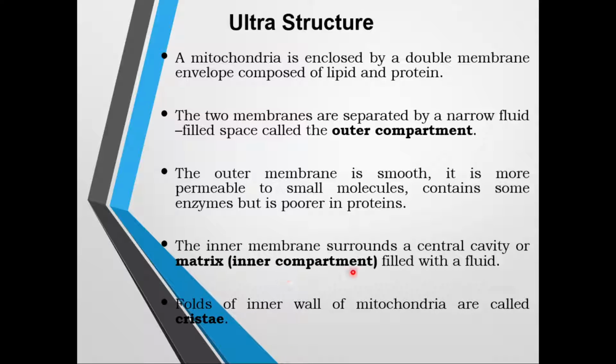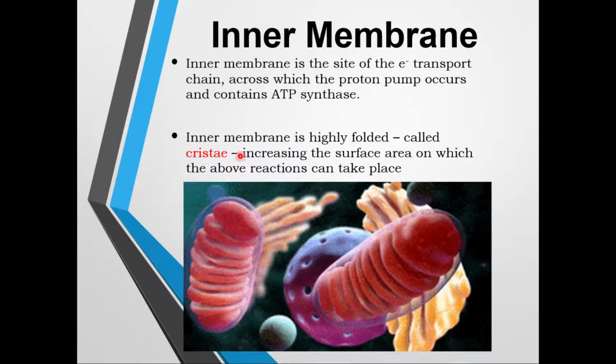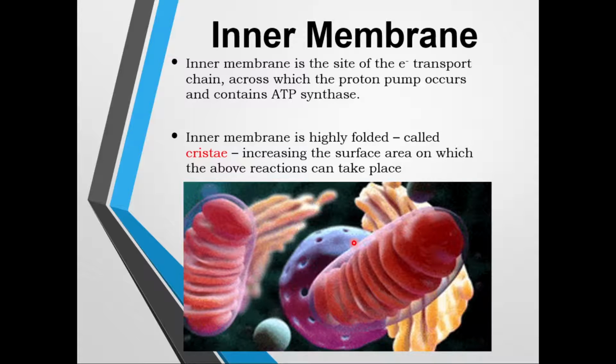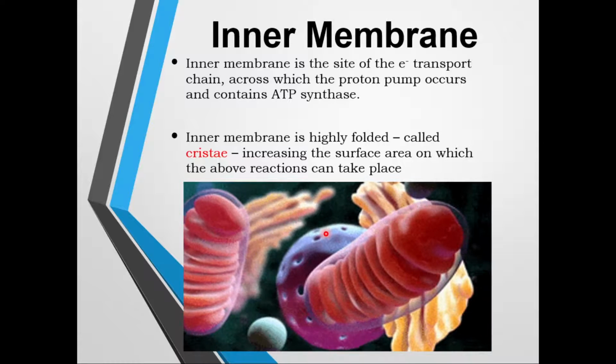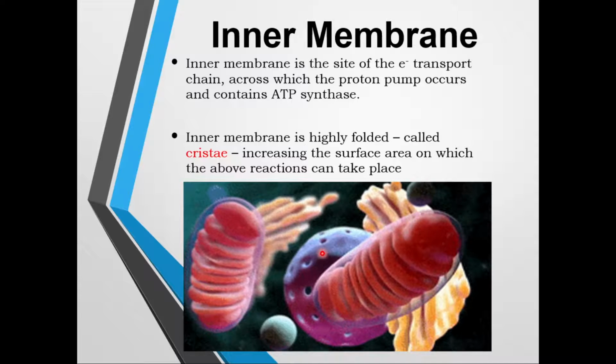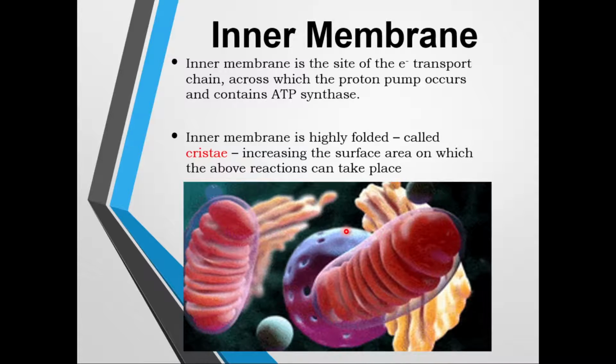So it is also called the inner compartment, filled with a fluid. The folds of the inner wall of mitochondria are called cristae. I have explained this in the diagram. Now see the inner membrane. This is again the animated structure I have shown you. See here, the nucleus is there in the center on which pores are seen. Those pores are nucleopores.